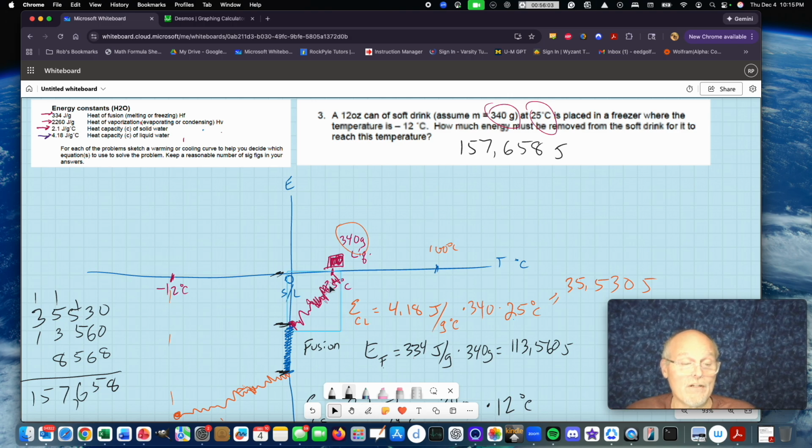Again, we look at everything that's happening, we calculate the energy separately, and then we add them together.